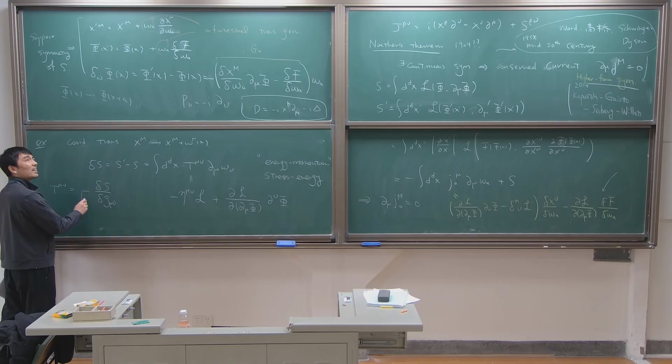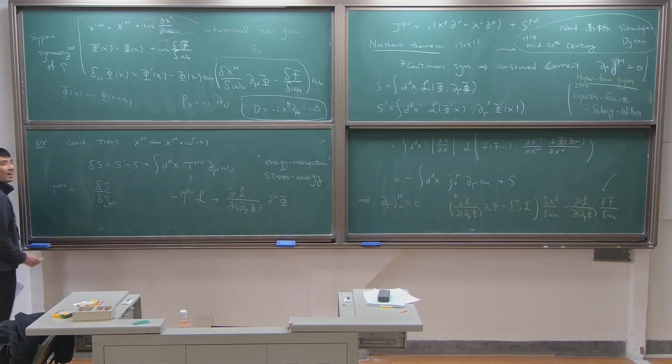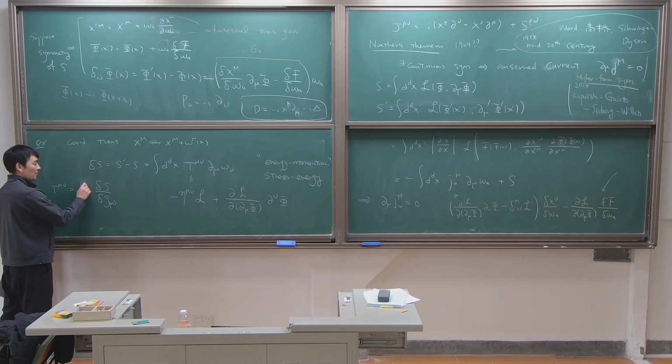Sorry, oh my goodness. What should the normalization be? Square root of g over 2? Sorry, I don't remember, some number. Okay, it is proportional to this one.